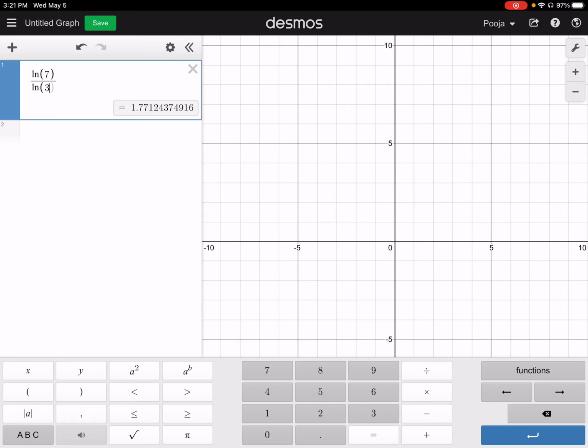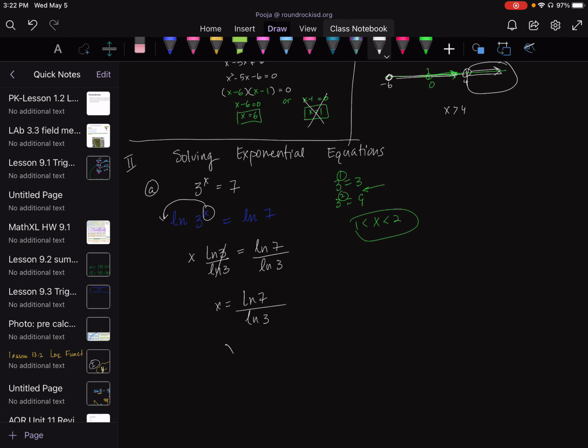Let's round it to 3 places, so 1.771. X equals 1.771 approximately. And you see, when I was analyzing it, I knew the answer was between 1 and 2, and I can quickly check that, yes, this looks good.